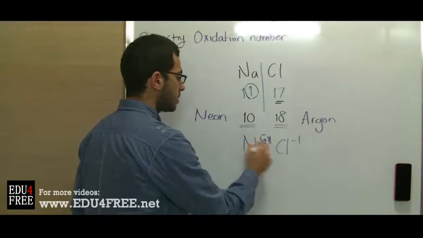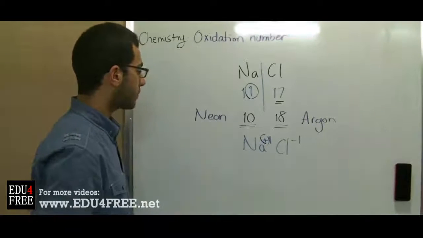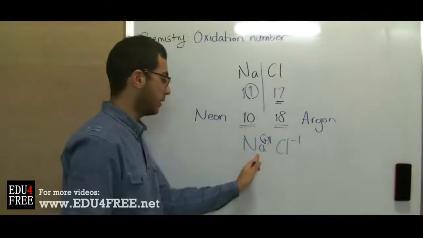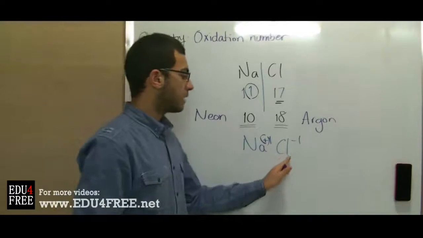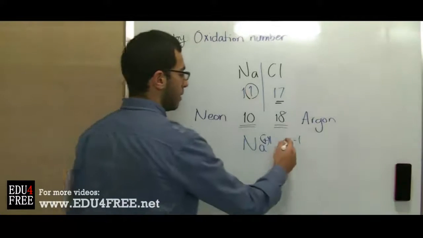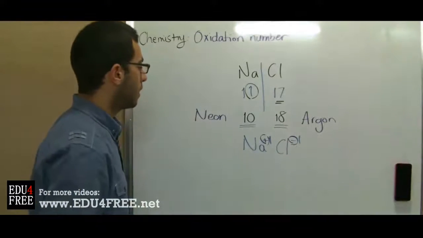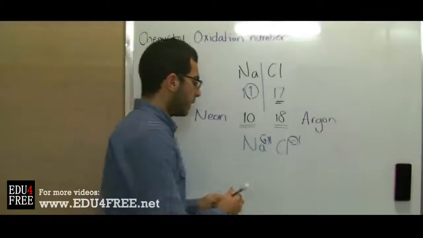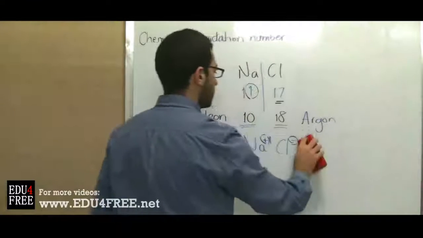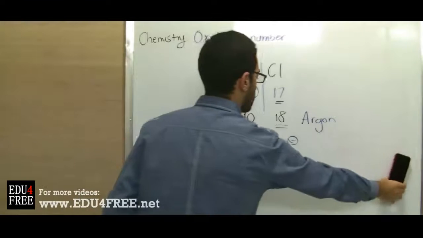So when an atom loses an electron, it gains a positive sign. It becomes a positive ion. And when an atom gains an electron, it becomes a negative ion. And we put a negative sign. And basically, we don't write the 1 because it's 1 electron lost.